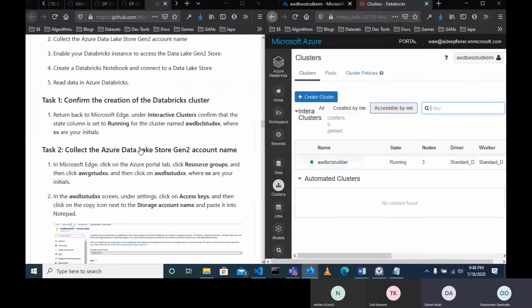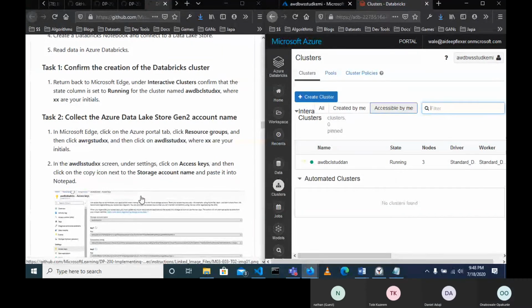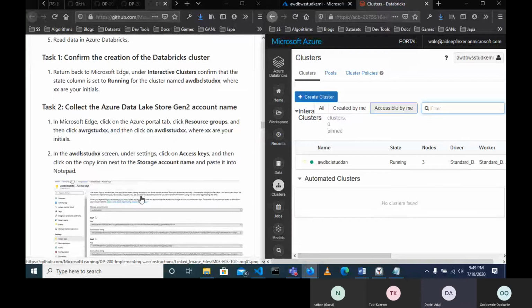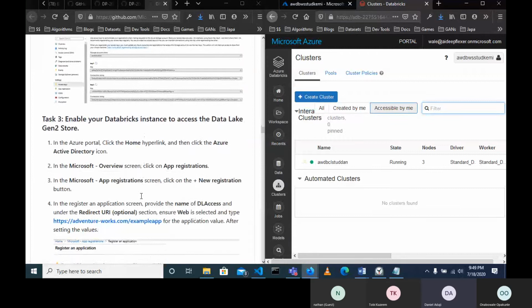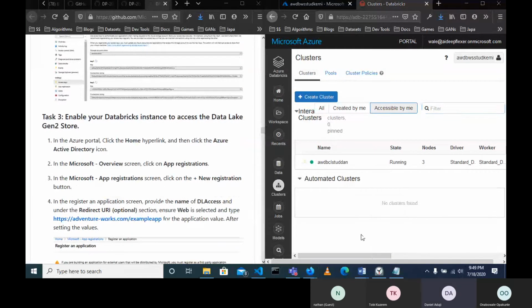But I need the access keys to connect the data lake Gen 2.